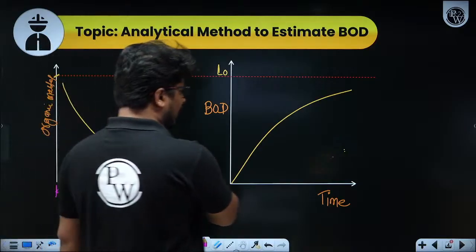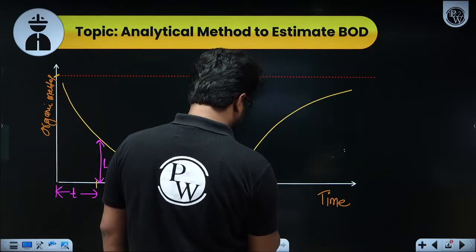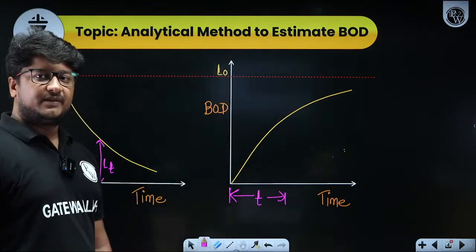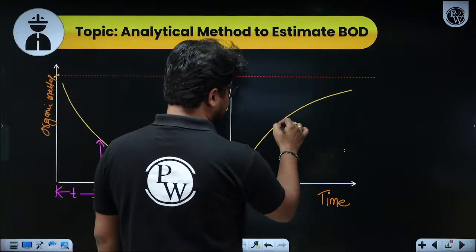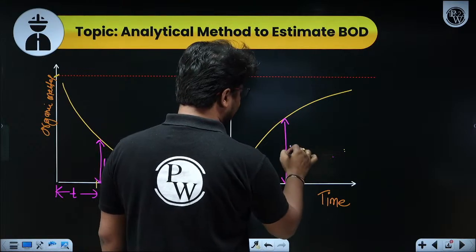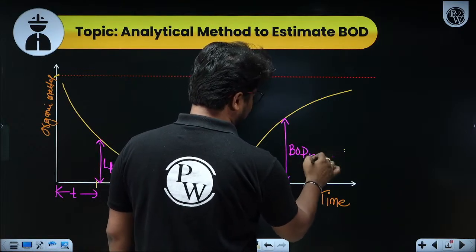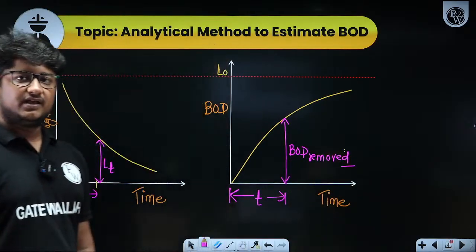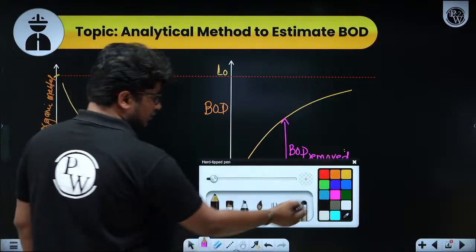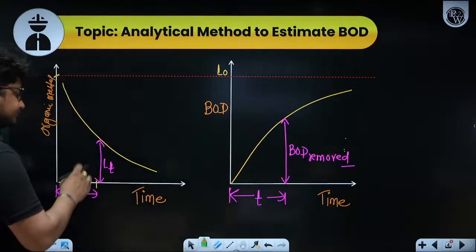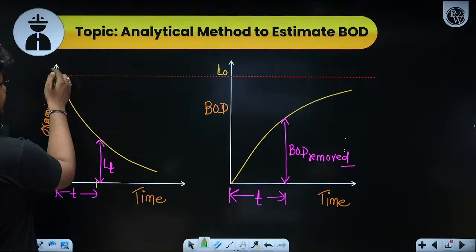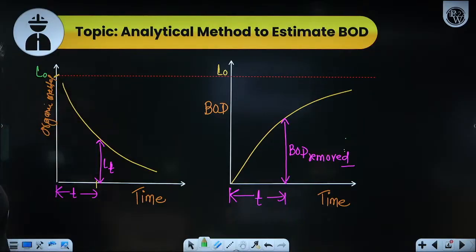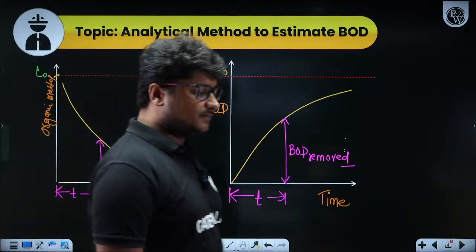And for that, in the same time t, this much will be the BOD which is removed. The thing is that initially you have L0, which is the organic matter concentration at time 0.